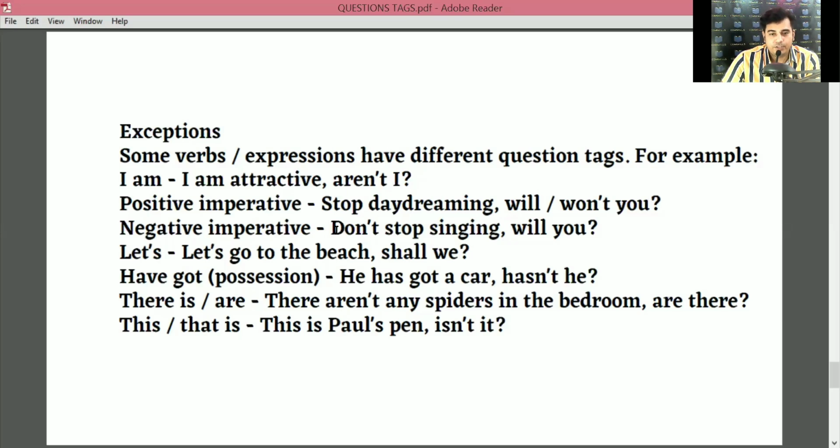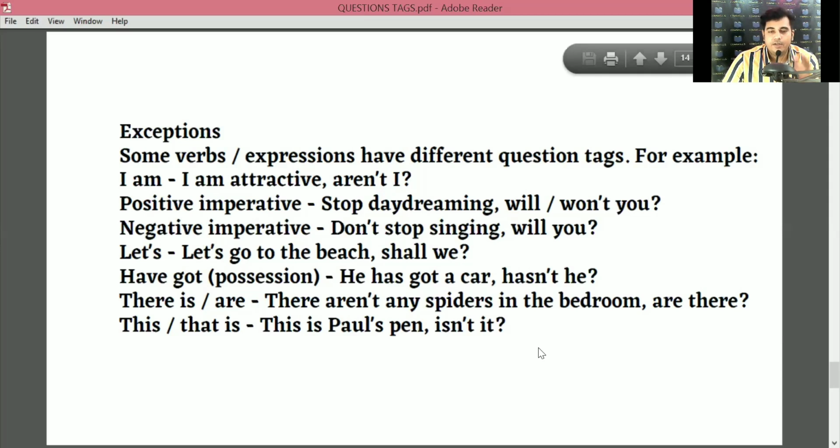Actually, here we are using do, does, but the question tag is will. Okay, let's go to the beach, shall we? Have got for possessions. He has got a car, hasn't he? There aren't any spiders in the bedroom, are there? This and that: this is Paul's pen, isn't it?